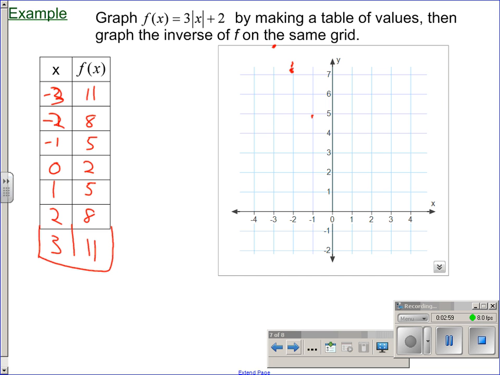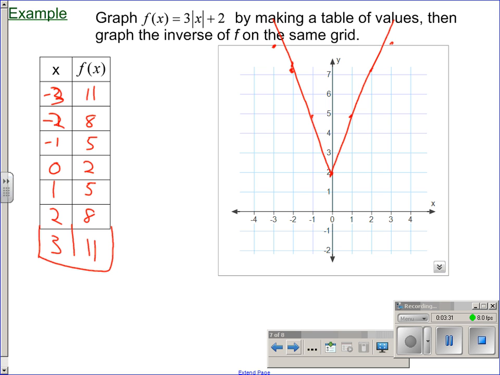I have a bad scale on here. 0, 2, 1, back up to 5. 2, back up to 8. 3 up there at 11. All right. You can start to see this V shape. I didn't plot my points very well, but that's okay. So here is the graph of 3 times the absolute value of x plus 2. All right, so there it is, yay.